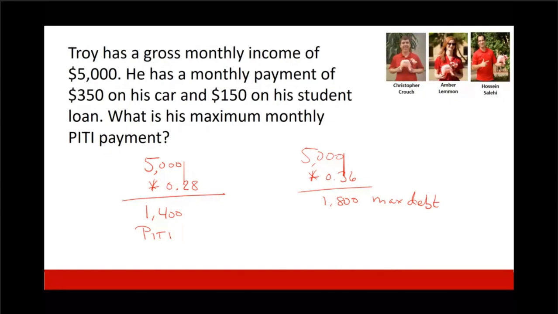So if this is the maximum of all the debt that we have, we subtract out the 350 and the 150 because these are the current debt payments, and we come up with 1,300. So this 1,300 is the max PITI.